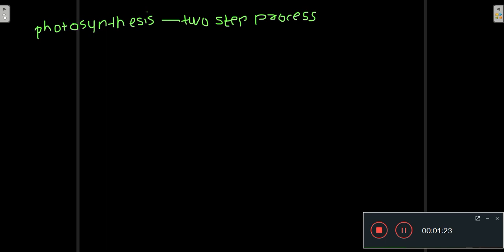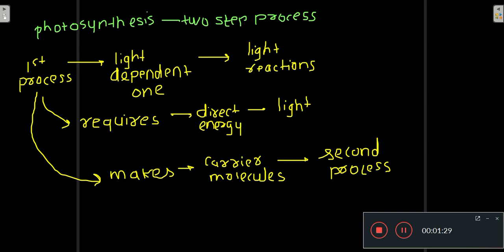Photosynthesis is a two-step process. The first process is light dependent, also known as the light reactions. This first process requires direct energy from the light, and it uses this light energy to make carrier molecules, and these carrier molecules are used in the second process.